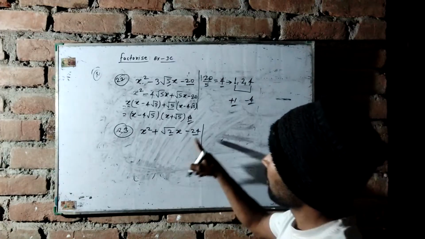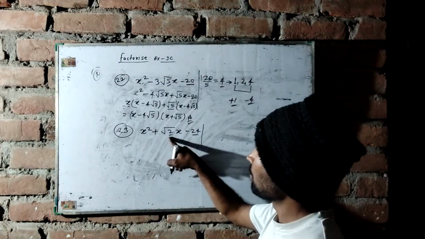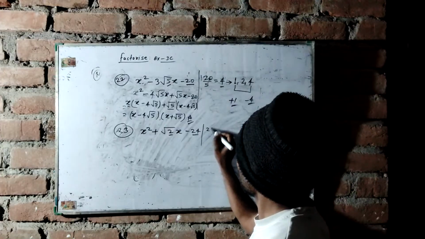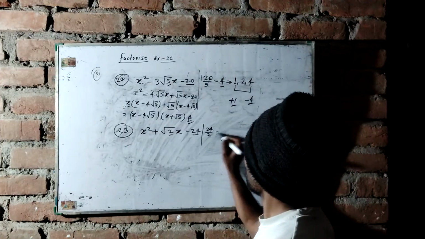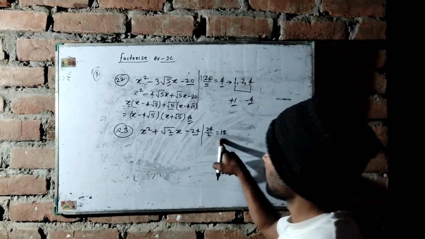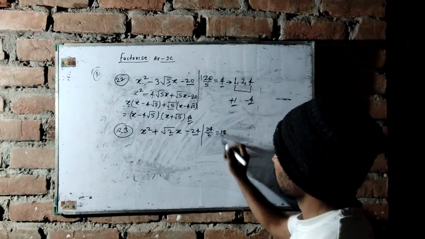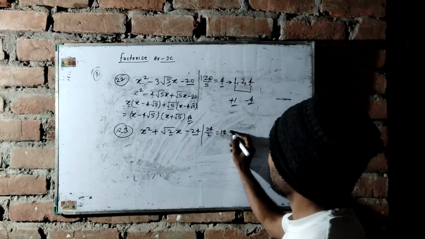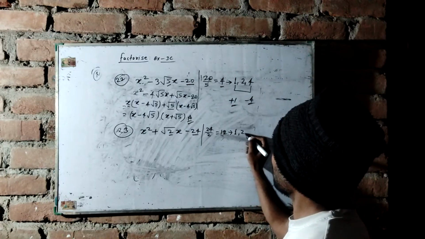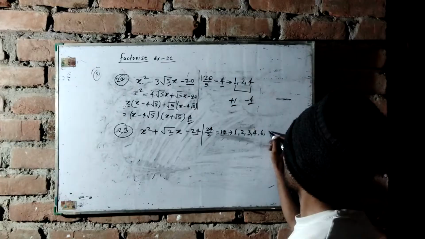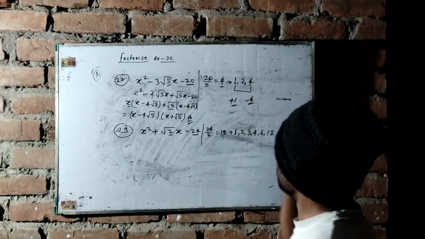So after dividing this number with this number, you will get 12 as a quotient. Now we have to find all factors of 12. So all factors of 12 will be 1, 2, 3, 4, 6 and 12.